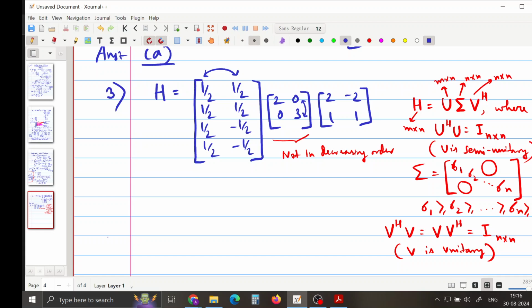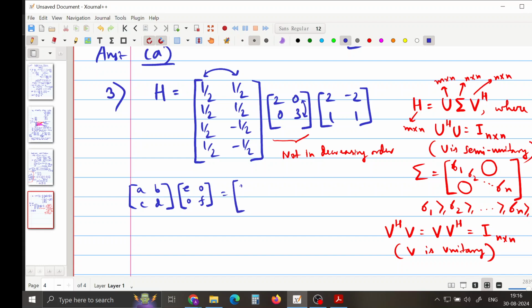Let's say, how can I convince you? Let's say I am having a matrix like this, A B C D, and let's say I am multiplying it with another matrix which is of this form, E 0 0 F. So what can you expect in the product?